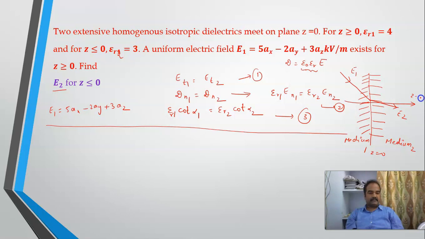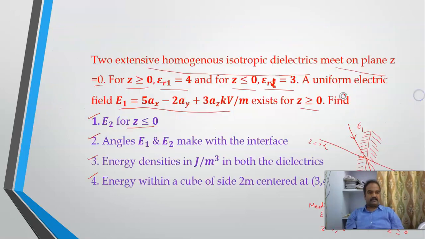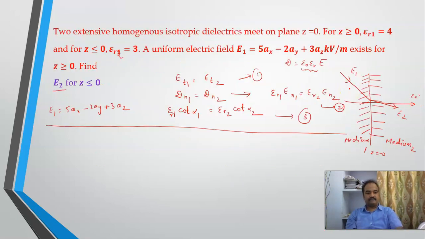This is z is equal to minus infinity, and this is z is equal to plus infinity. So the z component is normal to this dielectric interface, which means this is the normal component. I'll take it as En1. The remaining components are going to be my tangential component.